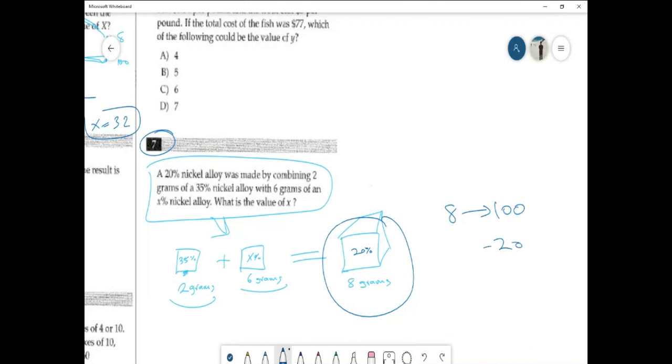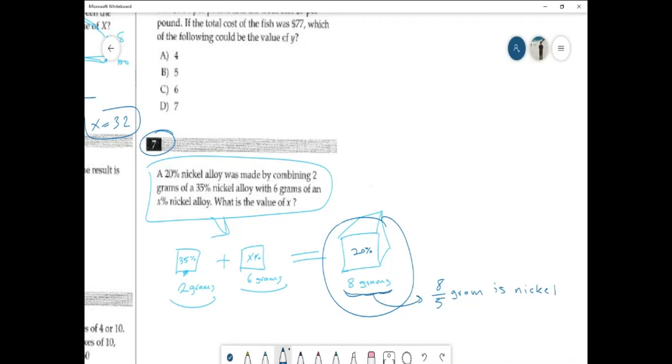So 20% is how many grams? 20%, if I divide by 5, it will be 8 divided by 5, right? That means if I have 8 grams of something and 20% is nickel alloy, then 8 divided by 5 gram is nickel alloy.